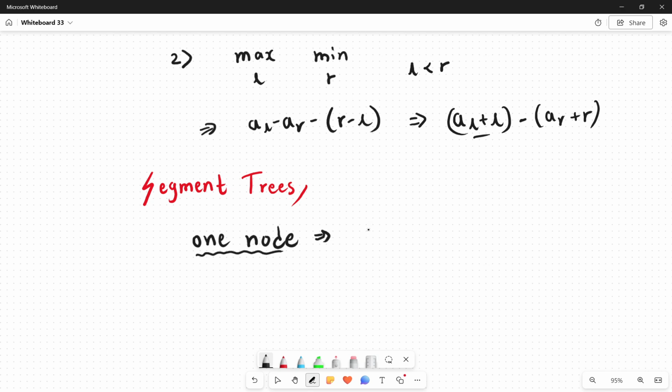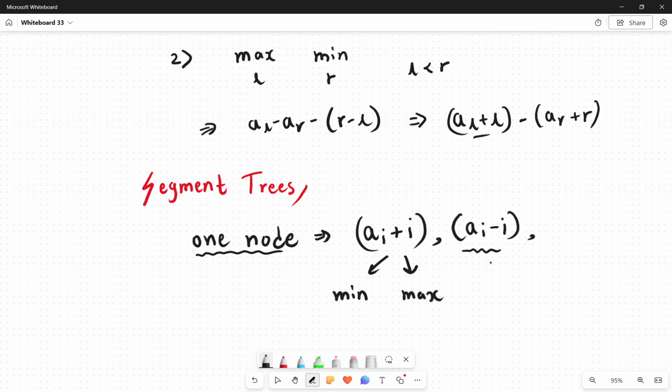So I will store ai plus I and ai minus I. I need to store the minimum of ai plus I in that range, as well as the maximum of ai plus I in that range.